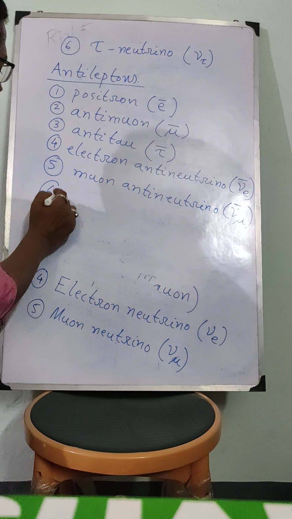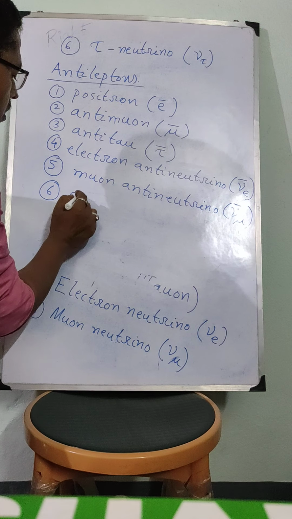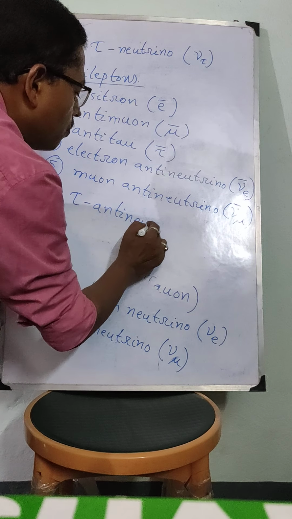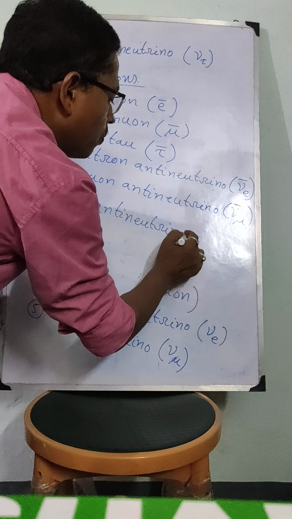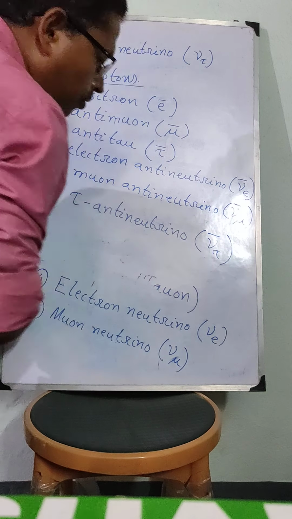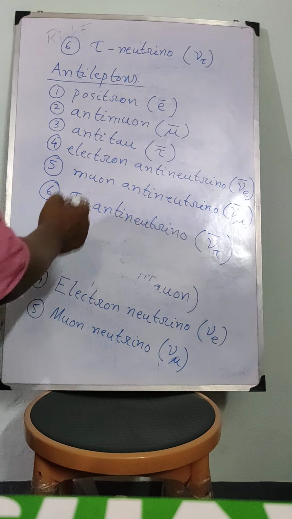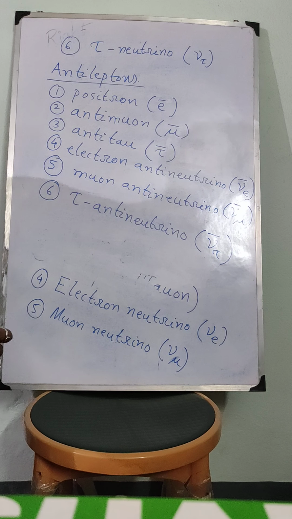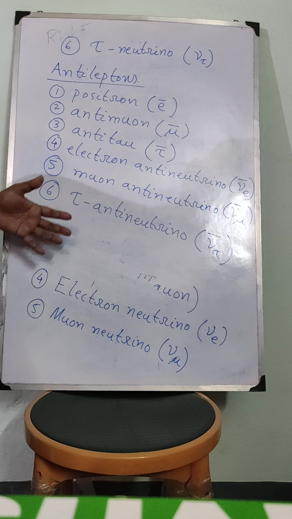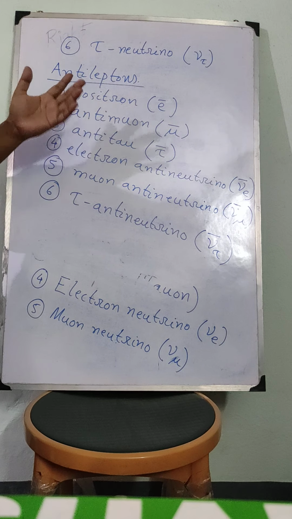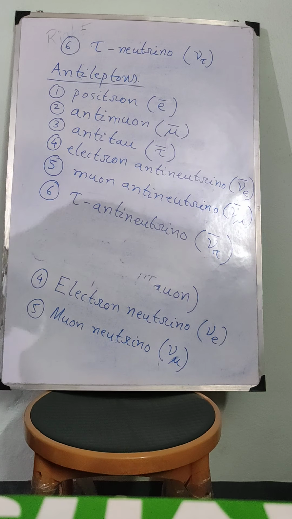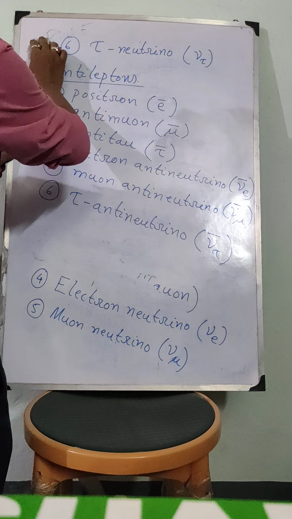Okay, and last is tau antineutrino, denoted by nu with suffix tau and a bar over it. So we have 6 leptons and 6 antileptons. So we have discussed 12 particles, that is 6 leptons and 6 antileptons. So we have got 12 elementary particles. Okay, now we will go to quarks.